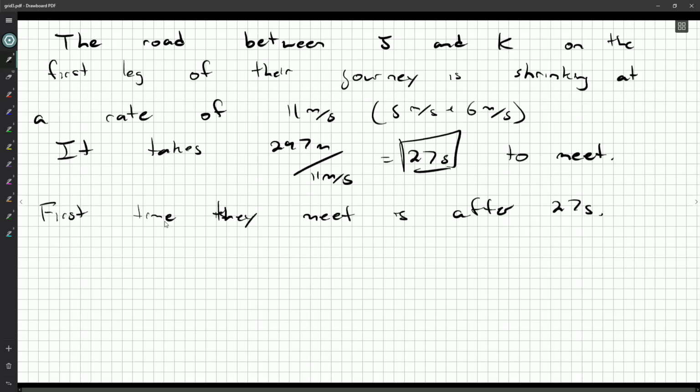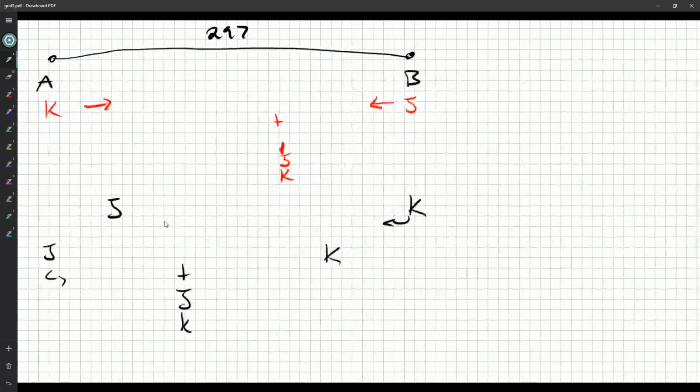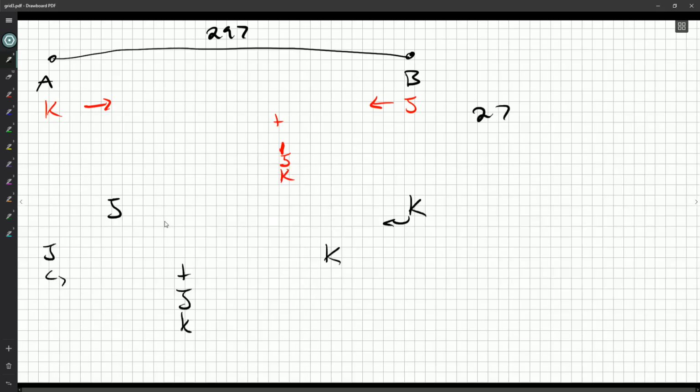Okay. So that handles our first meeting, and we need to, so at what time, so 27 is where they first meet. Let's write a little bit more. So 0 there, 27 they first meet.